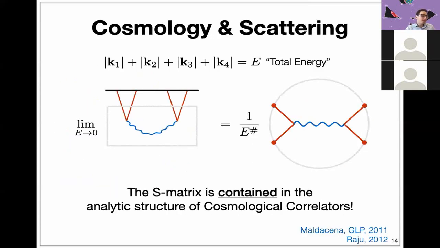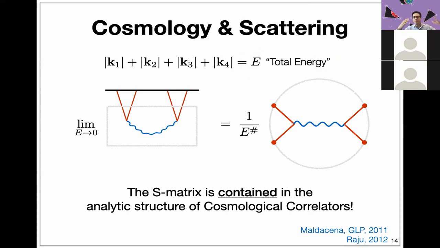So another interesting thing, going back to the analogy between cosmology and scattering amplitudes, is that there is a very precise sense, I'll get back to it later in the talk, in which cosmological correlators contain flat space scattering amplitudes. There is a mathematical limit, I'll describe it in a few minutes, in which I take the analytical formula of the cosmological correlator and probe this limit.